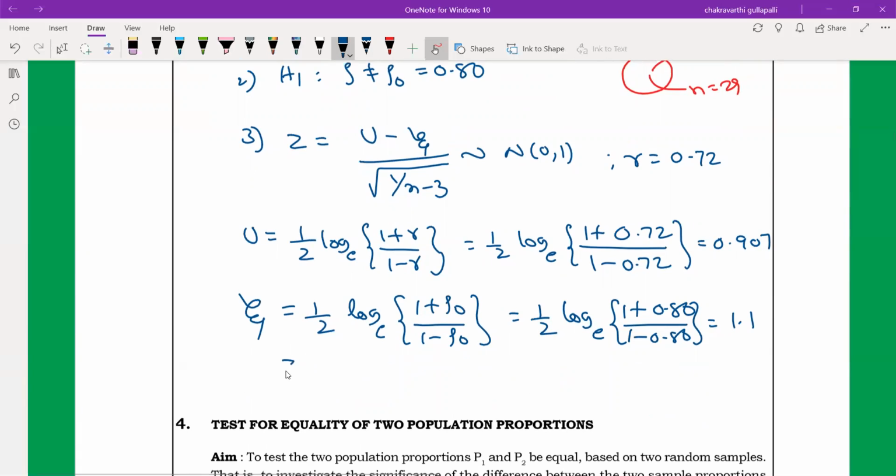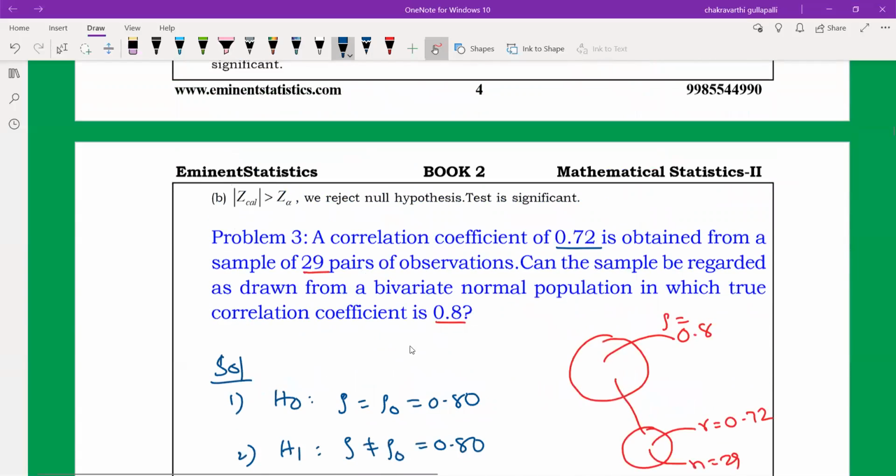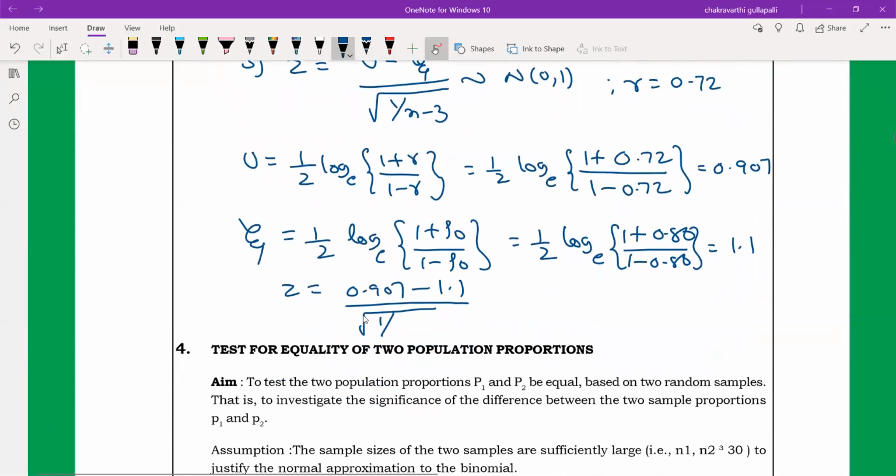So the Z calculation here is 0.907 minus 1.1 divided by square root of 1 by n minus 3. How many samples are given here? 29 pairs, so 29 minus 3 is 26. It follows N(0,1).